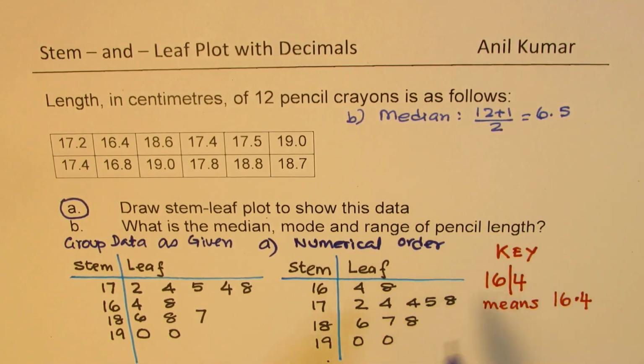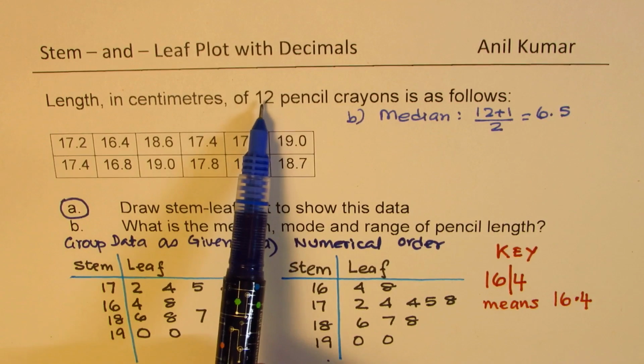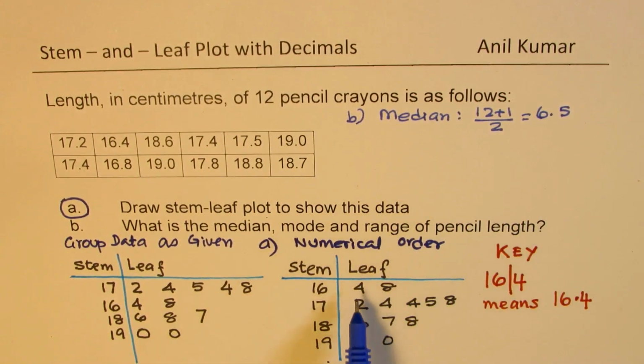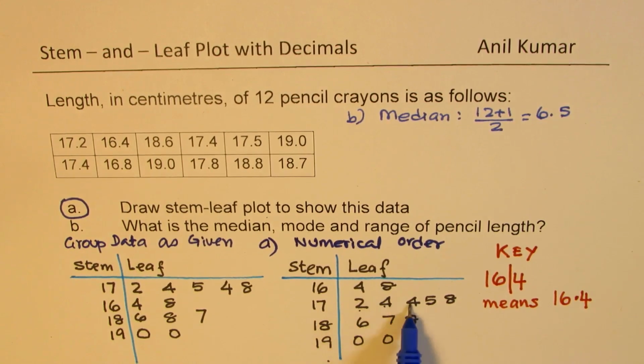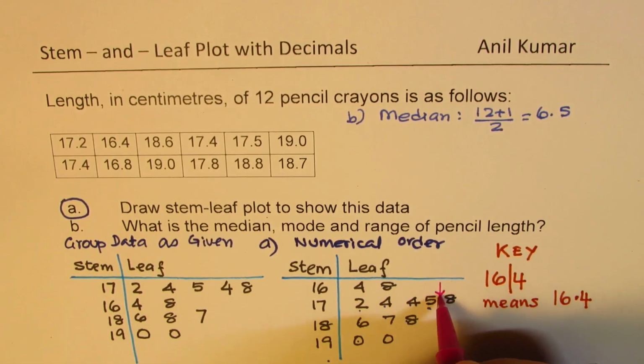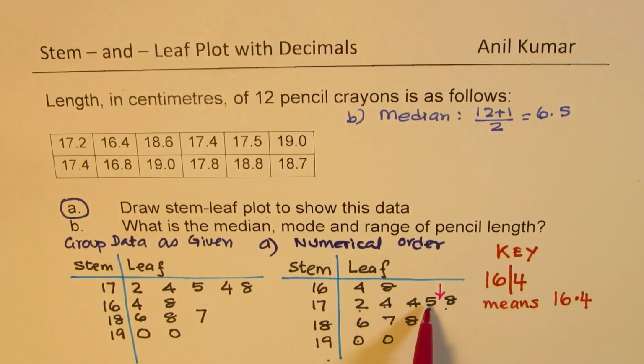In this case, we have an even number of values, so there are two numbers in the middle, right? 1, 2, 3, 4, 5, 6, and then 1, 2, 3, 4, 5, 6. So there are two elements in the middle. We are looking for something in between these two. 6.5 means after the 6th position and before the 7th position.